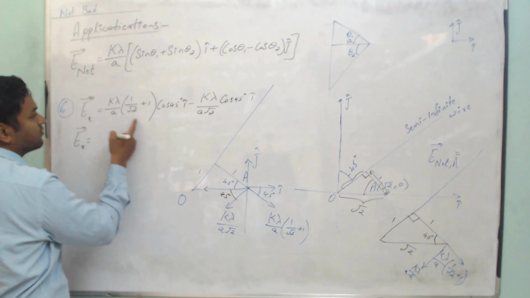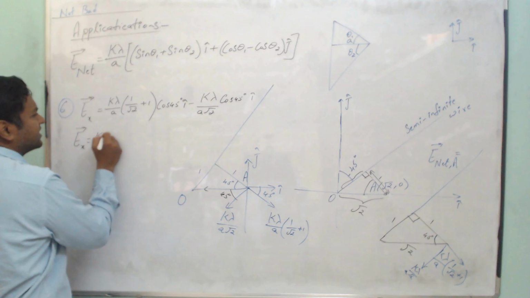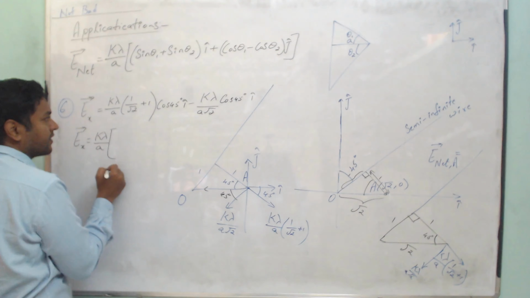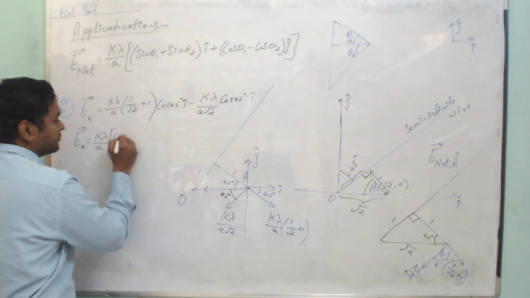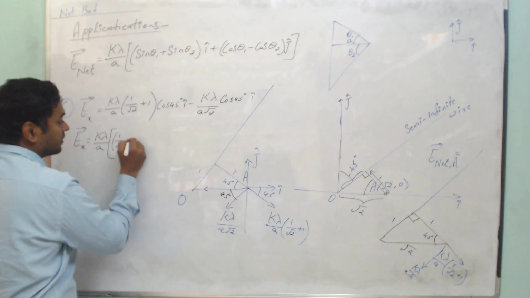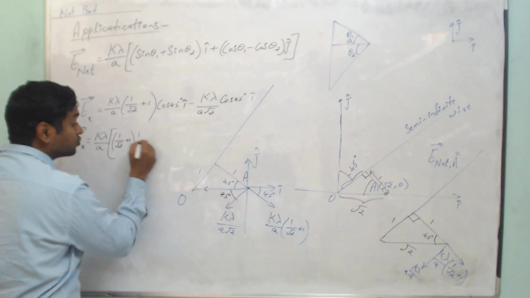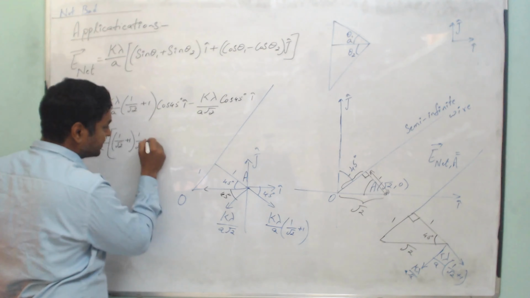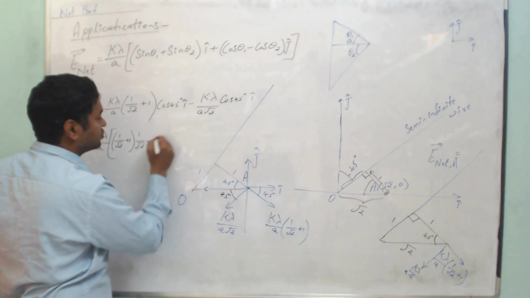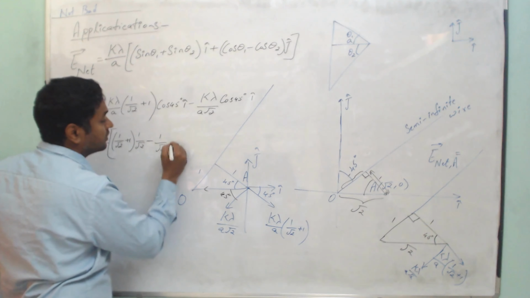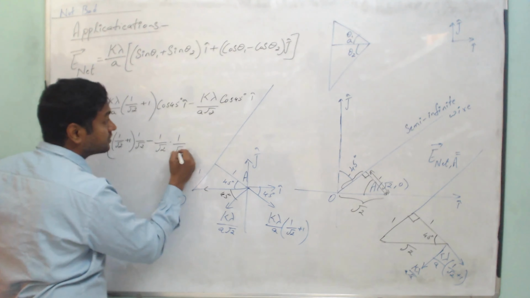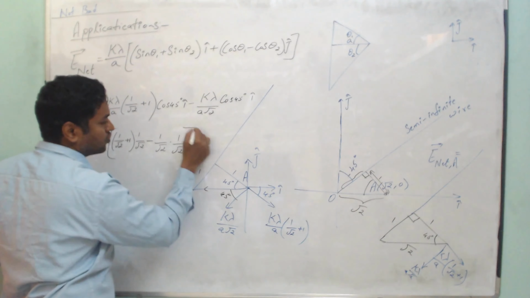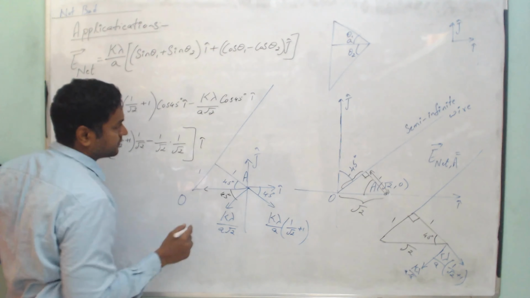I will take K lambda by A common. 1 by root 2 plus 1 into 1 by root 2 due to cos 45, minus 1 by root 2 into 1 by root 2, again due to cos 45. Whole bracket I cap.